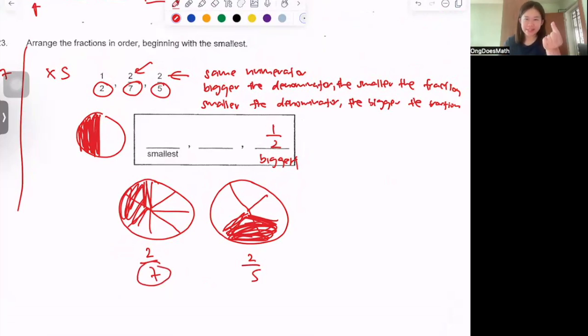Each of you is going to get just a small tiny piece, right? Compared to eating it in a group of 5 people, you definitely get a bigger size.